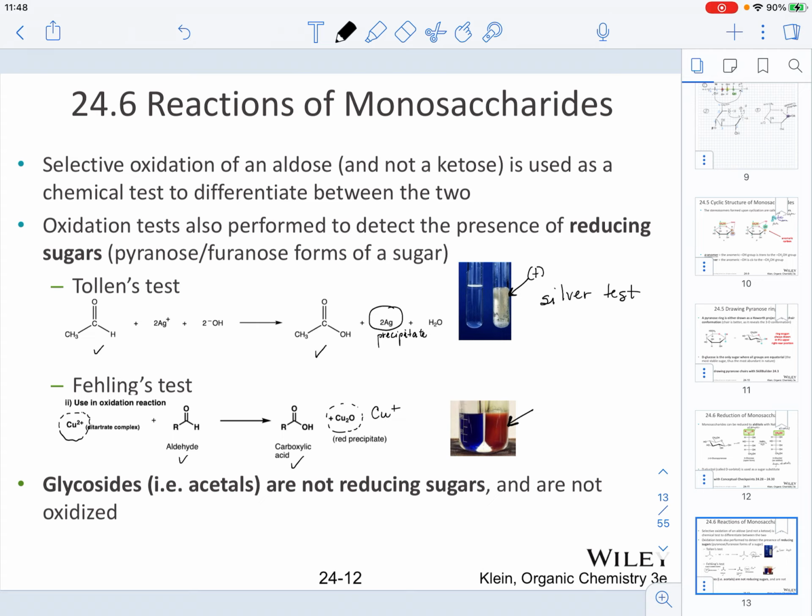Okay? And it is important to know that for the Fehling's test, any carbohydrate that is positive is known as a reducing sugar.